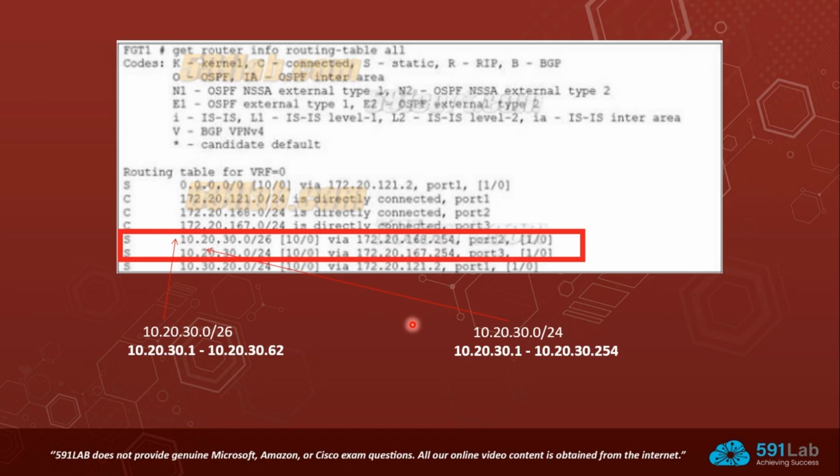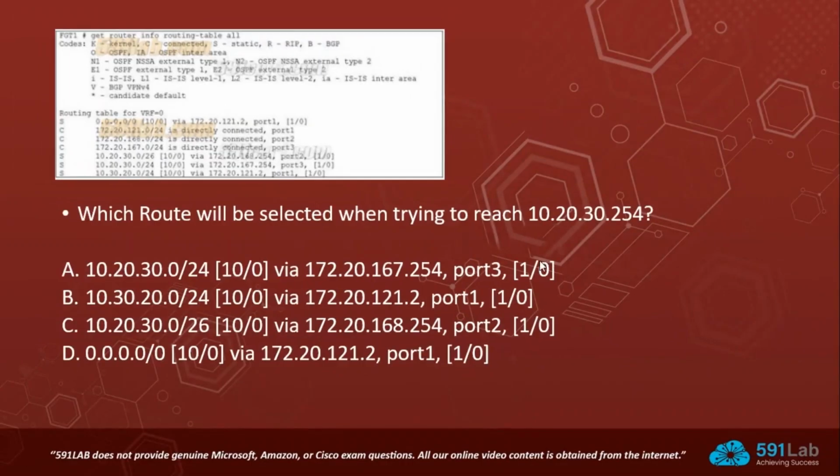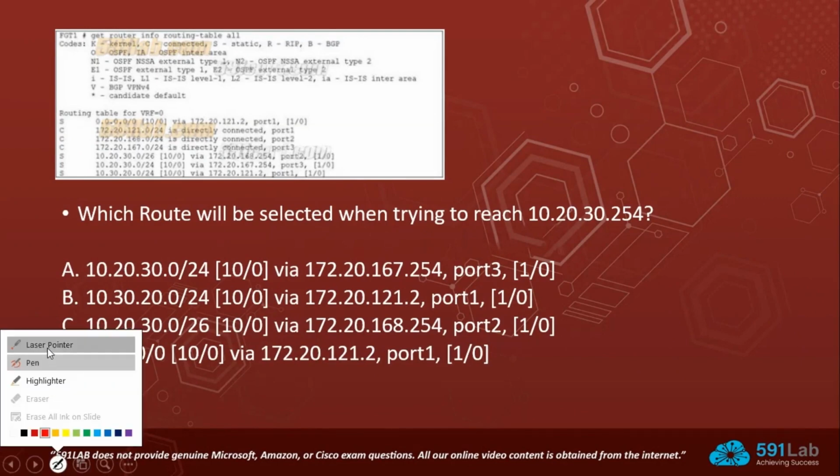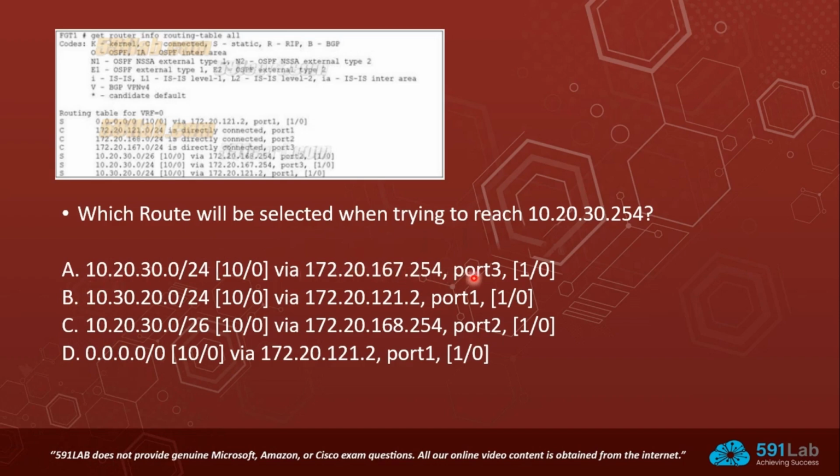Okay, let's find out the correct answer for this question. Answer A, 10.20.30.0/24 and port number 3. Okay, this answer is correct. Let's move to answer B, 10.30.20.0/24. No, this one is incorrect. Answer C, 10.20.30.0/26.